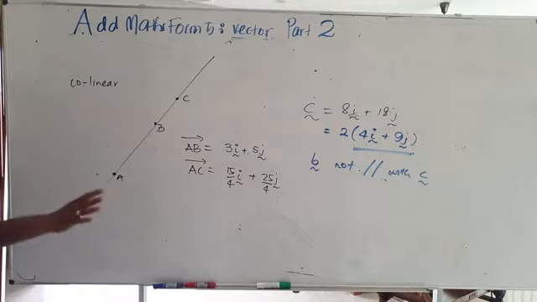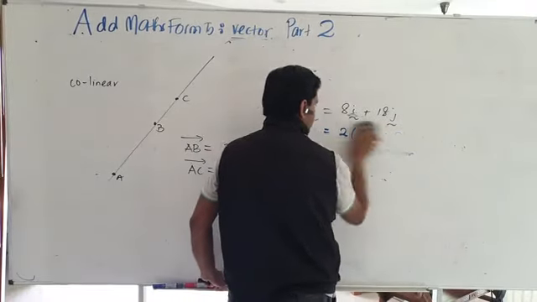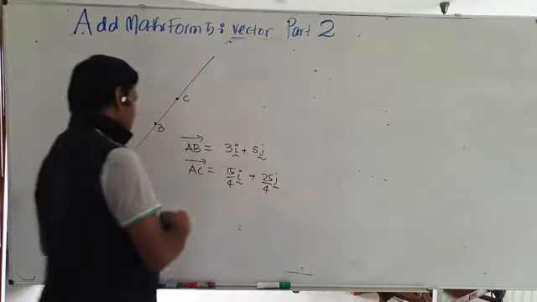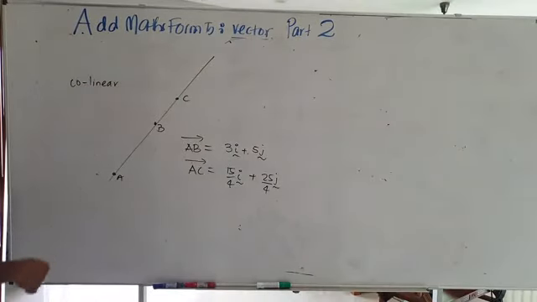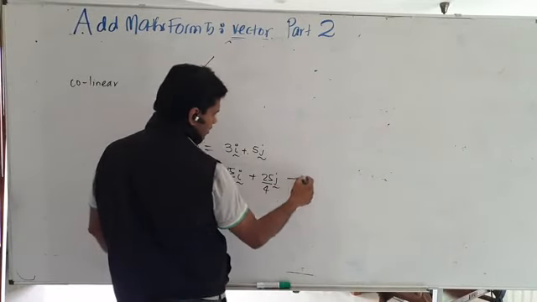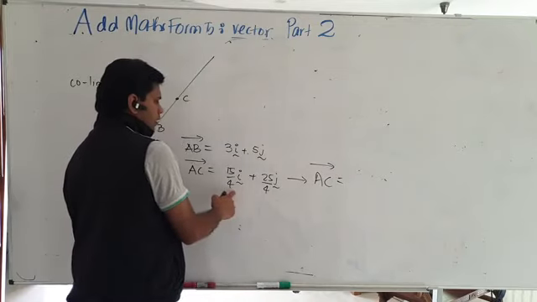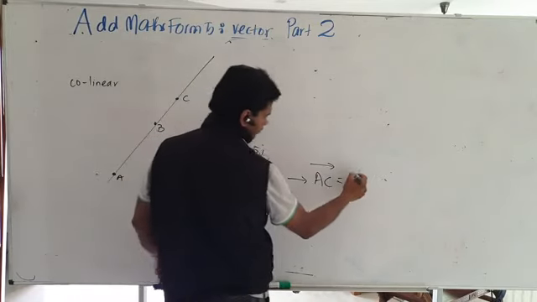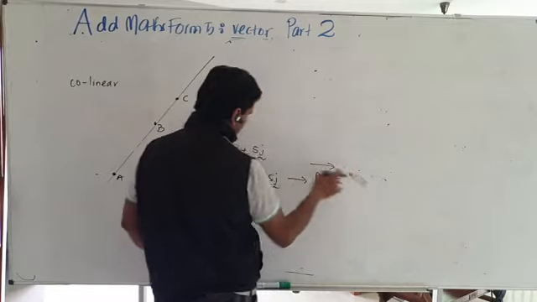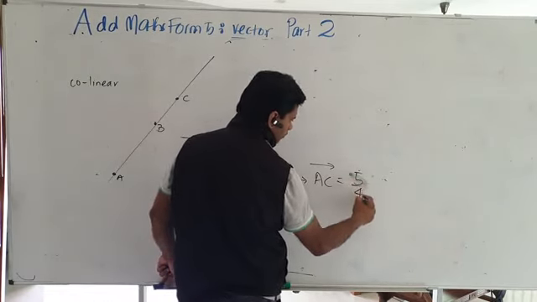The method is the same as parallel. What you have to do is factorize. Can you factorize AB? No, you can't. So let's factorize AC. Let's take out 3 over 4. No, let's take out 5 over 4.